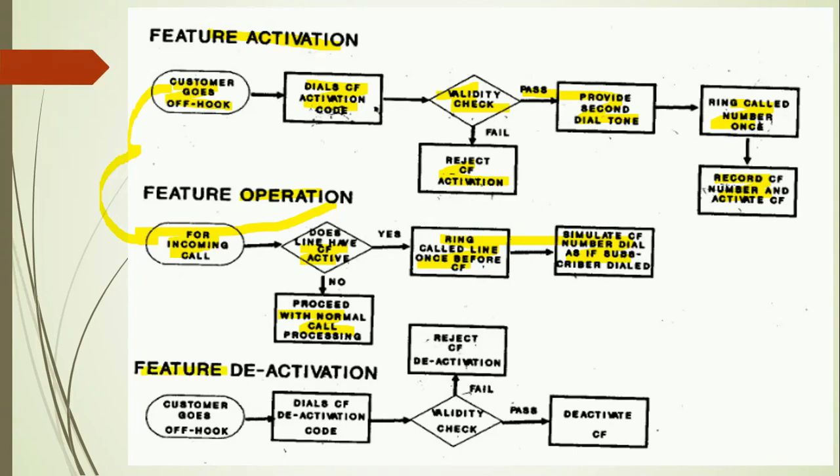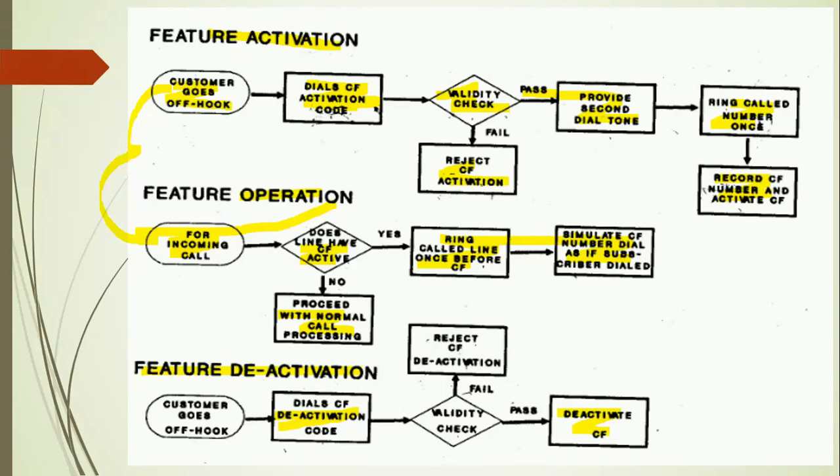That is the third one, feature deactivation. The customer goes off hook, then you need to dial the deactivation code. You can observe here that in the first one we dialed the activation code. So here you are deactivating call forwarding. For that purpose, dial the deactivation code. Whenever there is a validity check, if you are deactivating call forwarding on your phone number, it will check the validity and remove the call forwarding from your phone number.